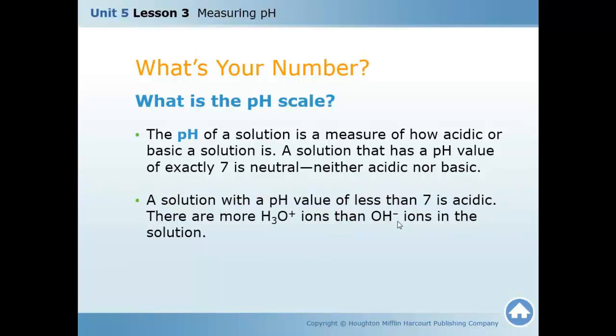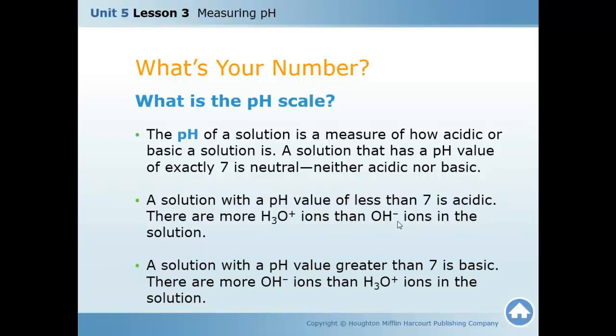A solution with a pH less than 7 is acidic. And the last one, a solution with a pH value greater than 7 is basic. There are more hydroxide ions than hydronium ions in the solution. So, a pH less than 7 contains more hydronium ions than hydroxide ions.